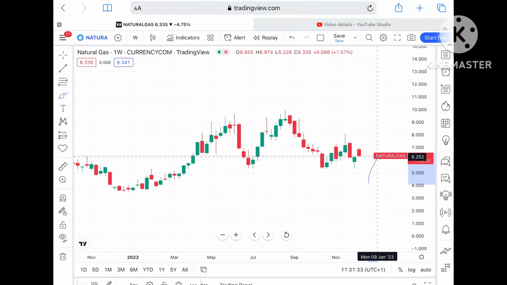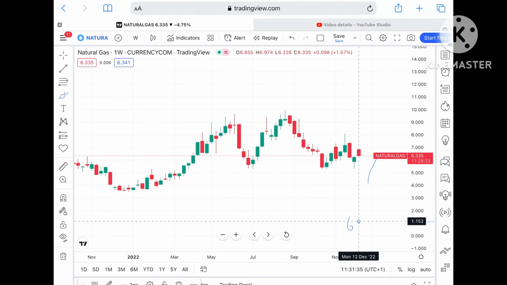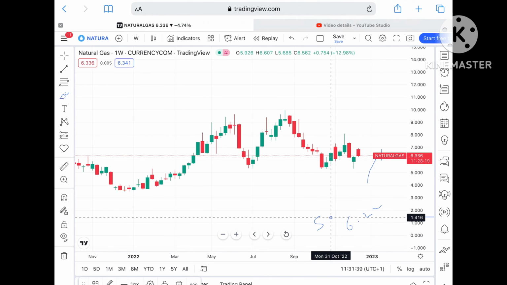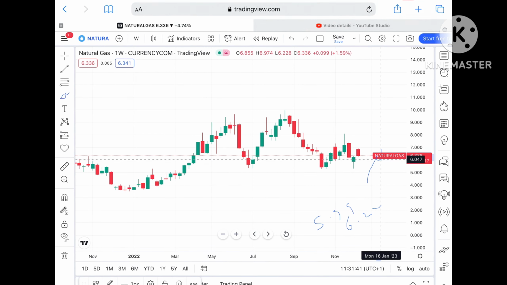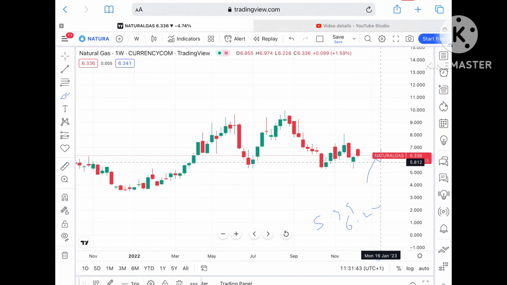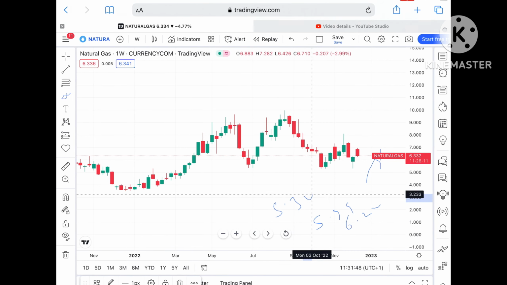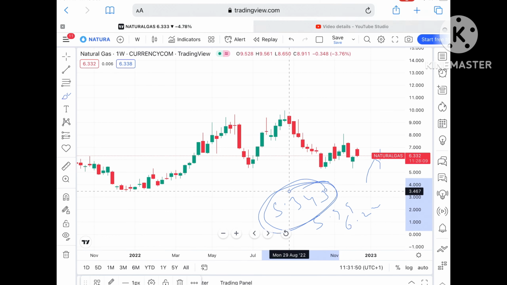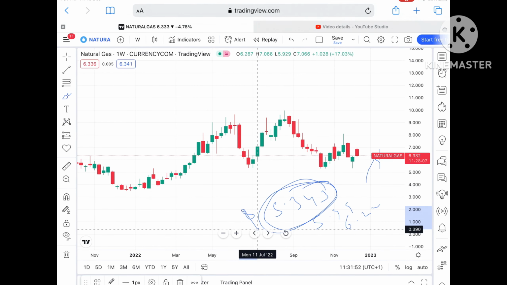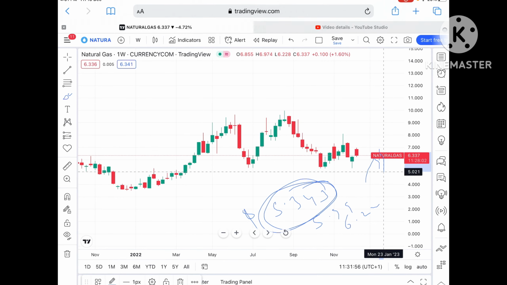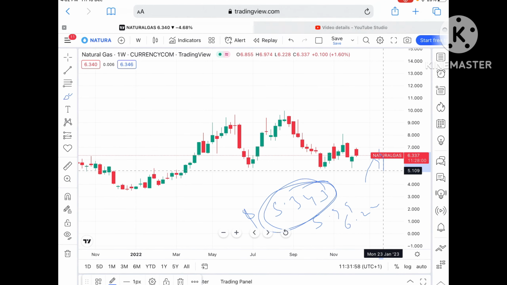Suppose the price doesn't sustain, then we can see it can touch a level of around $6.22, and if that level goes further low, it can touch a level of around $5.998. If that level goes further down, then it can go further low towards a level of around $5.343. $5.343 is again a weak support, so chances of moving further low are there, and then it can go towards a level of around $4.9.